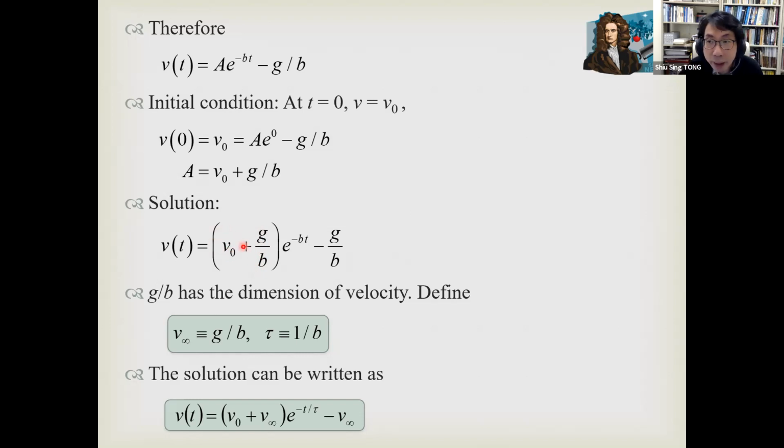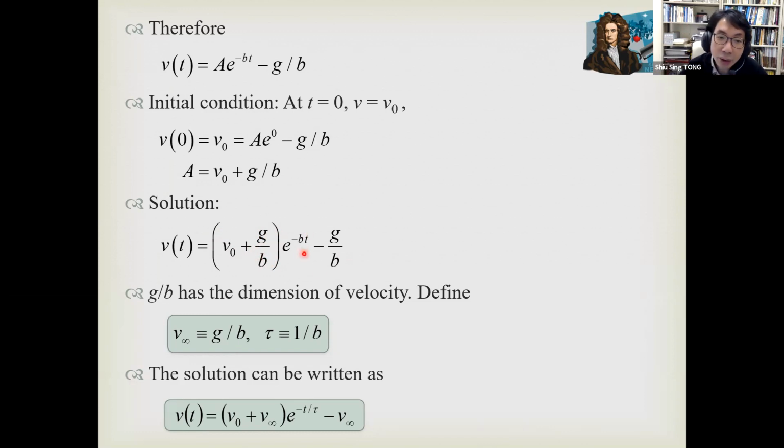Otherwise, an apple cannot be added to an orange. If two things are not of equal dimension, they cannot be added together. So if the two things can be added together, then g over b must have the meaning of a velocity. Now, what is that velocity? We will determine it later, but we know that this is a kind of velocity.